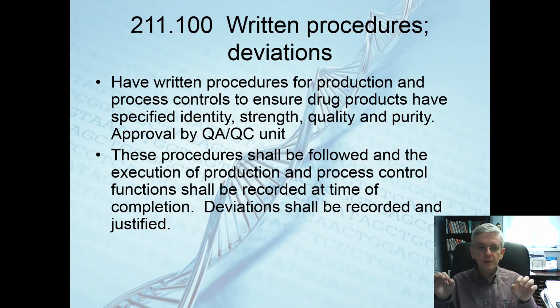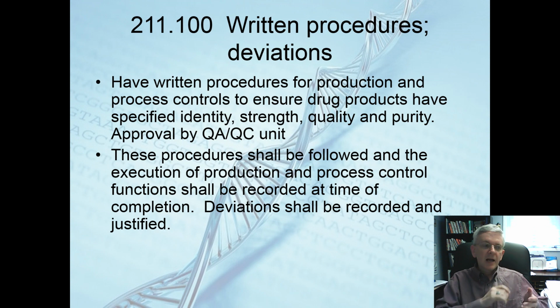Now, those procedures shall be followed, and the execution of that production or process control functions shall be recorded contemporaneously when you do it. That doesn't mean you go in and do something and then an hour later you document it. Now, there may be some caveats to that. If I have to write down that I cleaned a piece of equipment, I go through and clean it and put it off to the side.